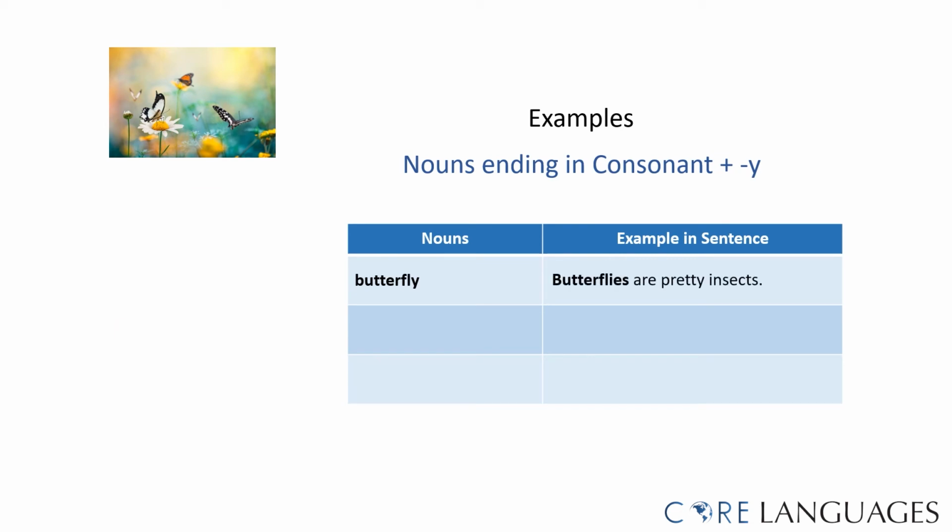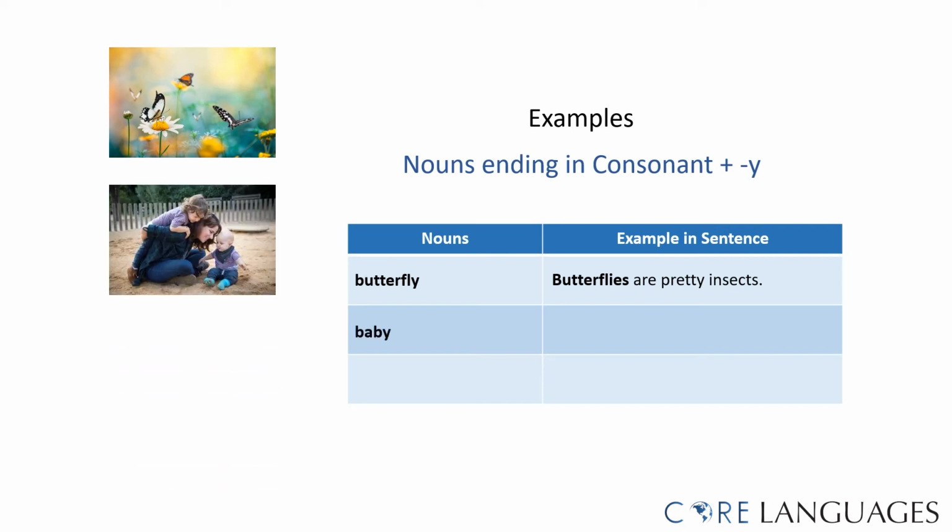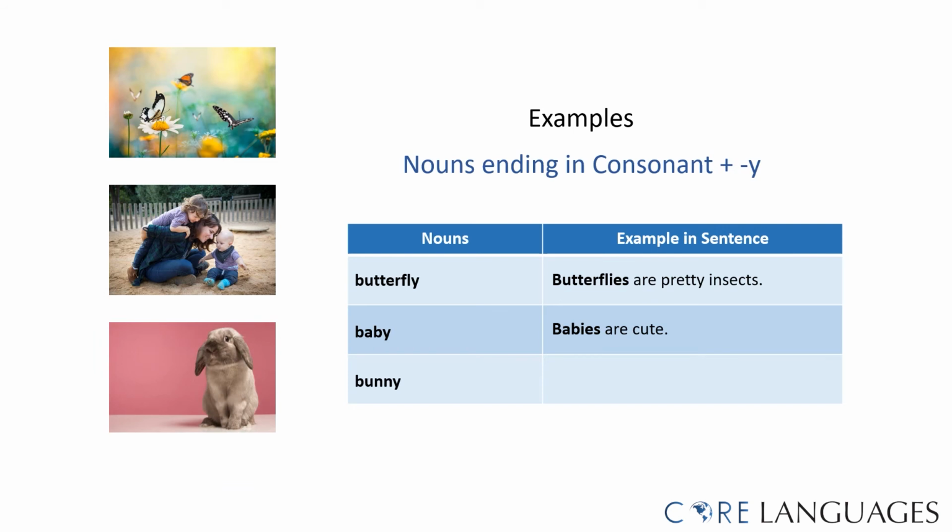Butterflies are pretty insects. Baby. Babies are cute. Bunny. Another word for rabbits is bunnies.